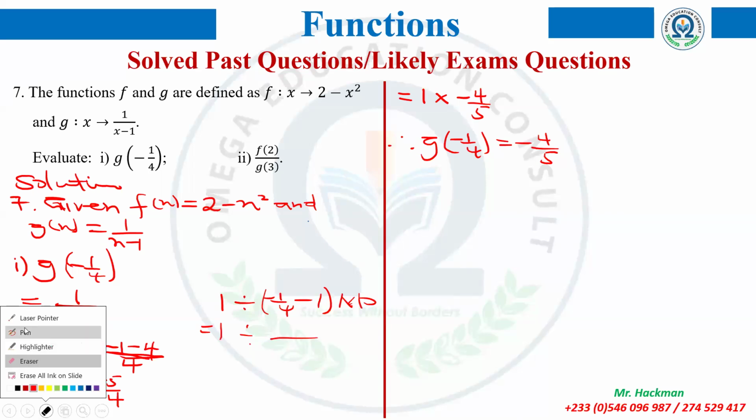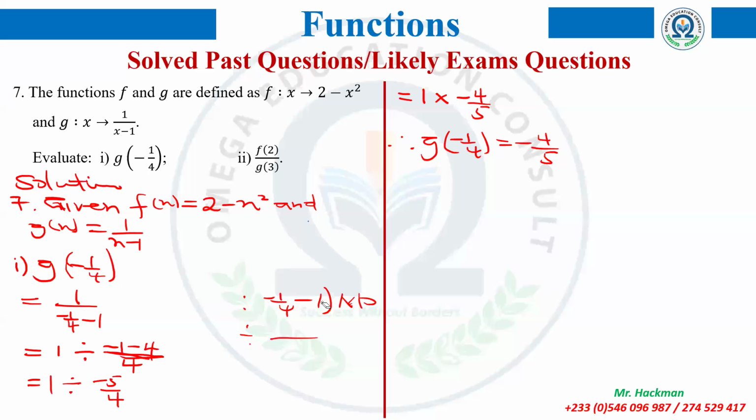Sir, the part where you found the LCM, is it -3 on 4 or -5 on 4? You can follow from the previous step.